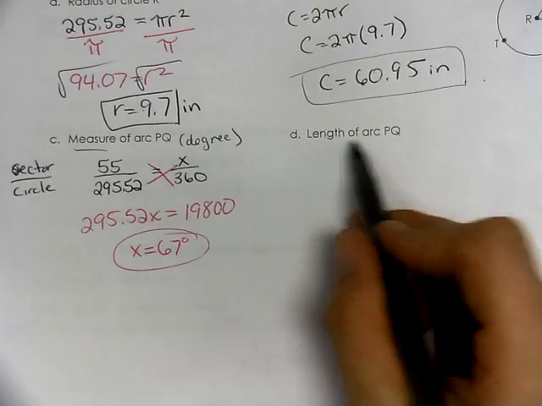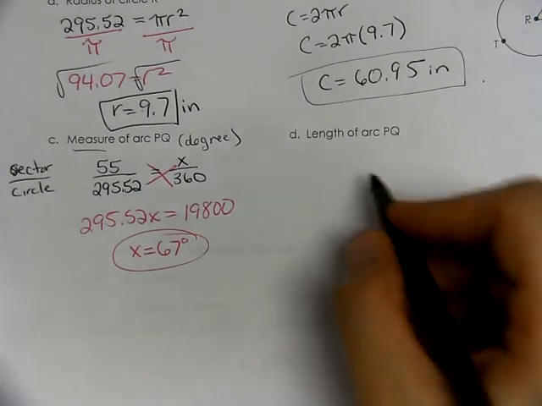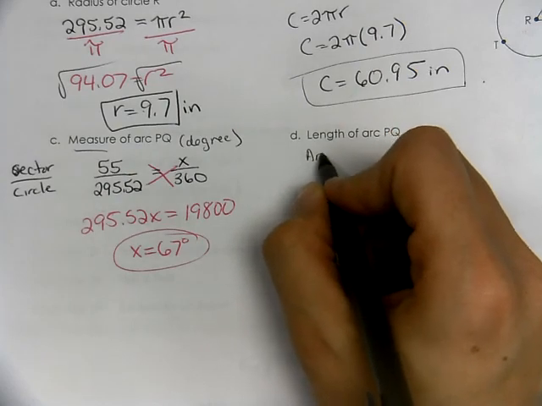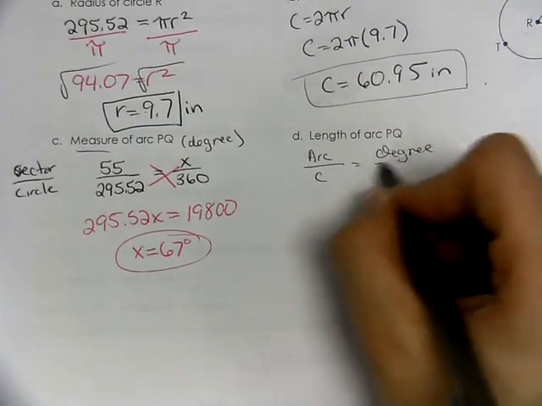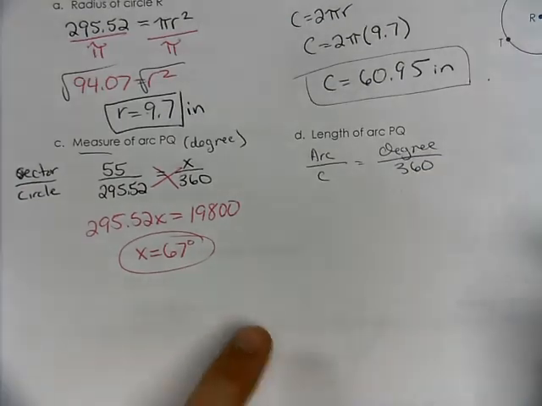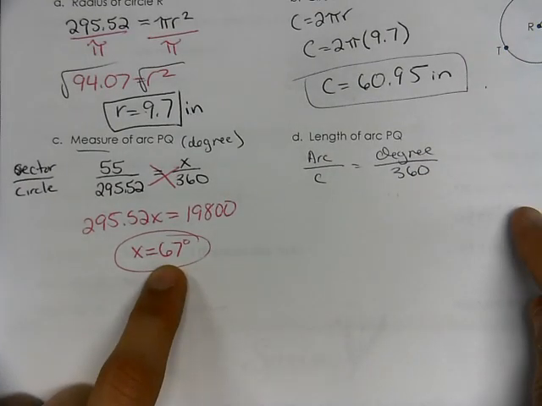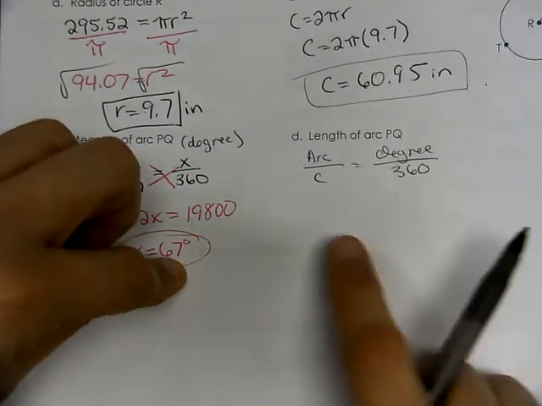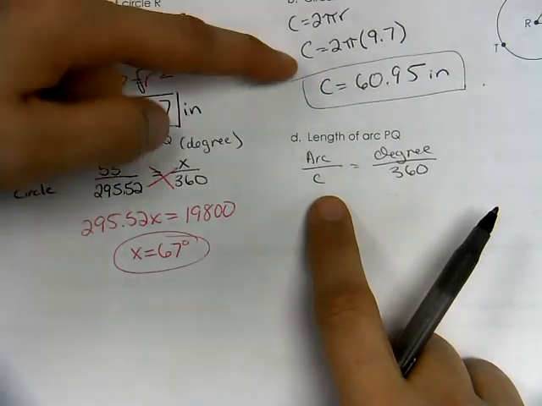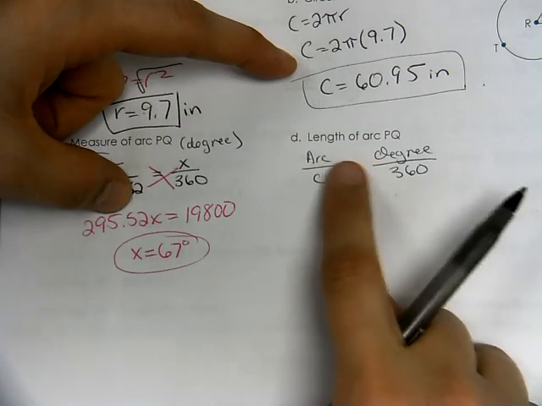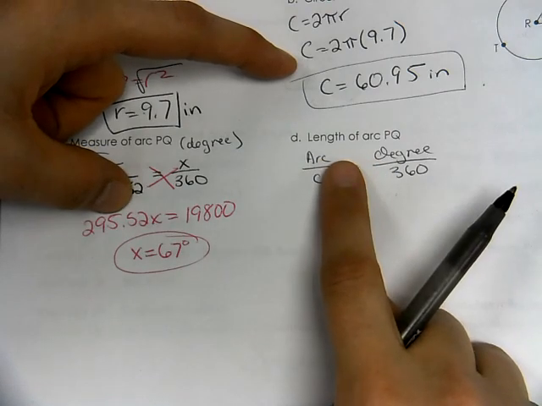Now we can do D, find the length of the arc, because we know it's arc over circumference equals the degree over 360, and we just found the degree measure. And in B, we found the circumference. So we're going to take our answers from B and C to help us find the arc length.